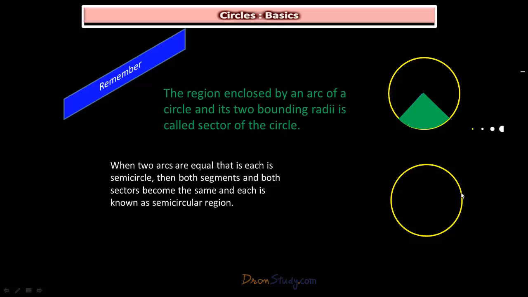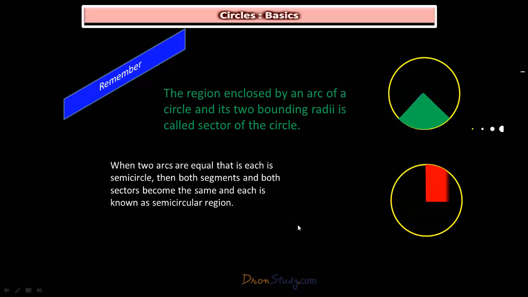Here is a circle on the screen, and this portion is exactly half of the circle, and this is called the semicircular region. This portion is also called the semicircular region, and this semicircular region is half of the total area of the circle. Now what is quadrant?